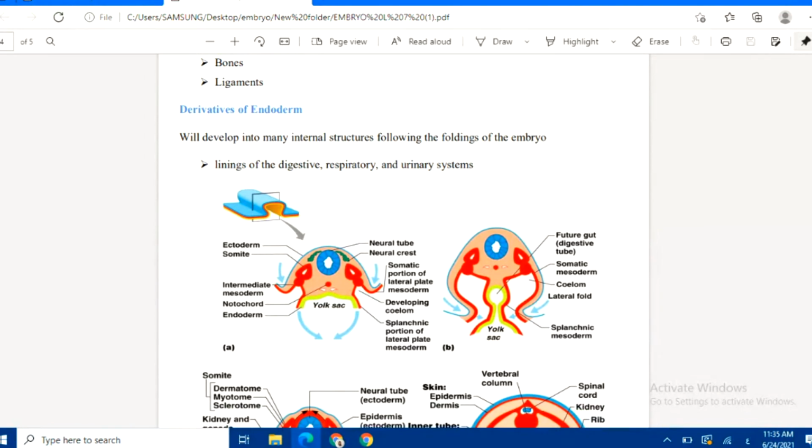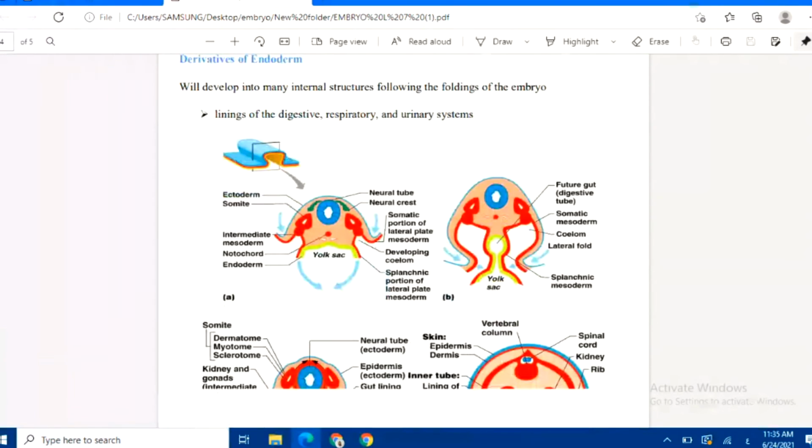While the endoderm is responsible for the formation of internal organs, or let's say most of the internal organs found inside the embryo body, okay?